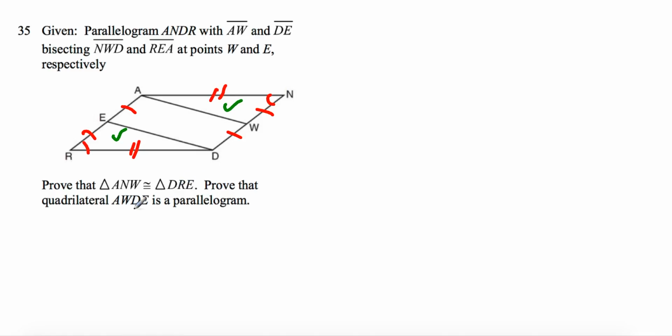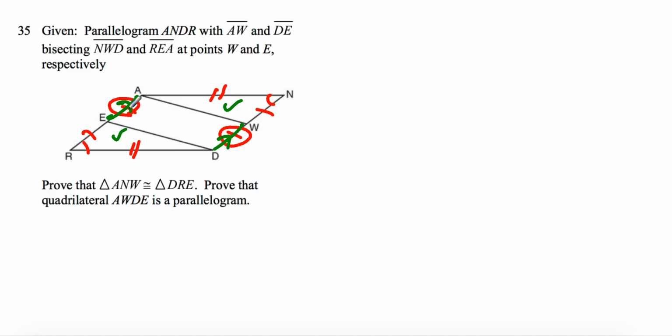prove that the quadrilateral AWDE, which means the one that's inside, is a parallelogram. How can we do that? Among many ways, since we showed that these two sides are congruent already, we realize that those are parallel as well. Why is that? Because when opposite sides are parallel, parts of the parallel sides must be parallel as well.